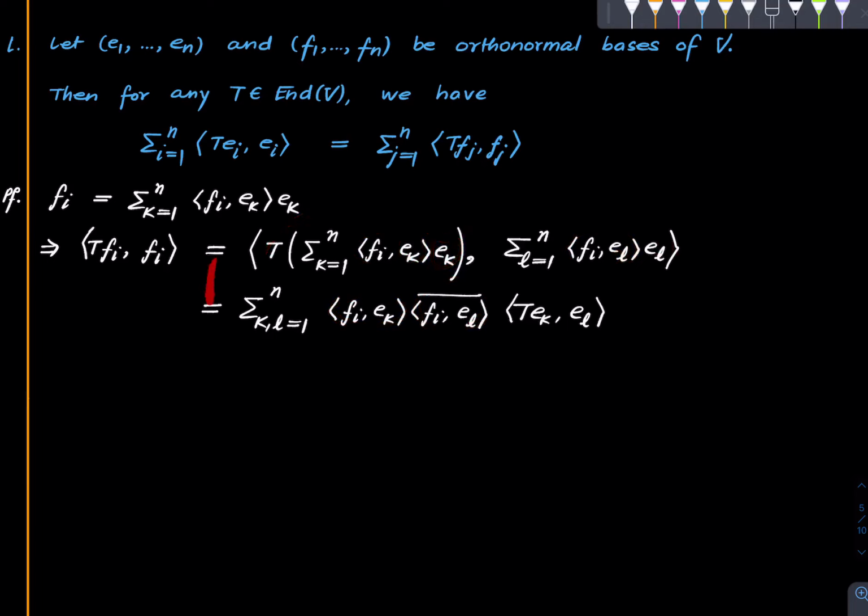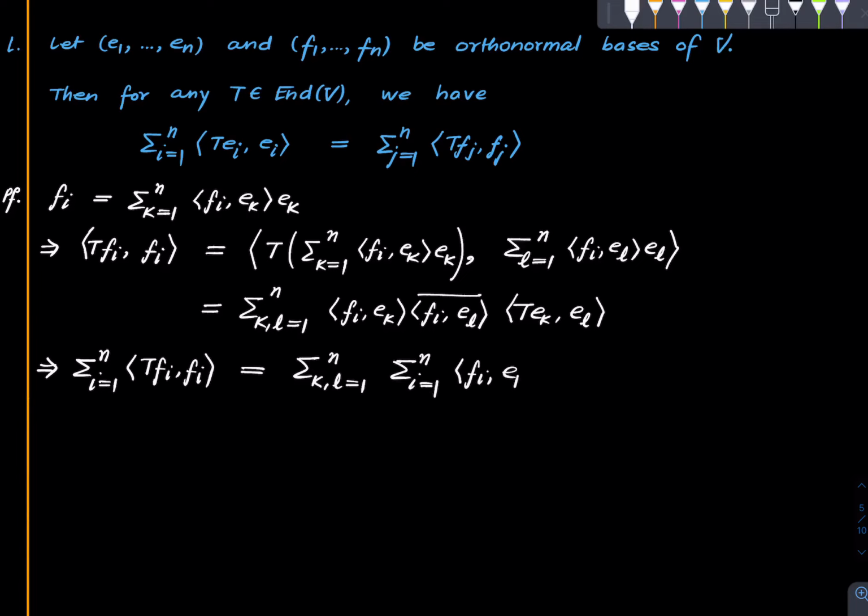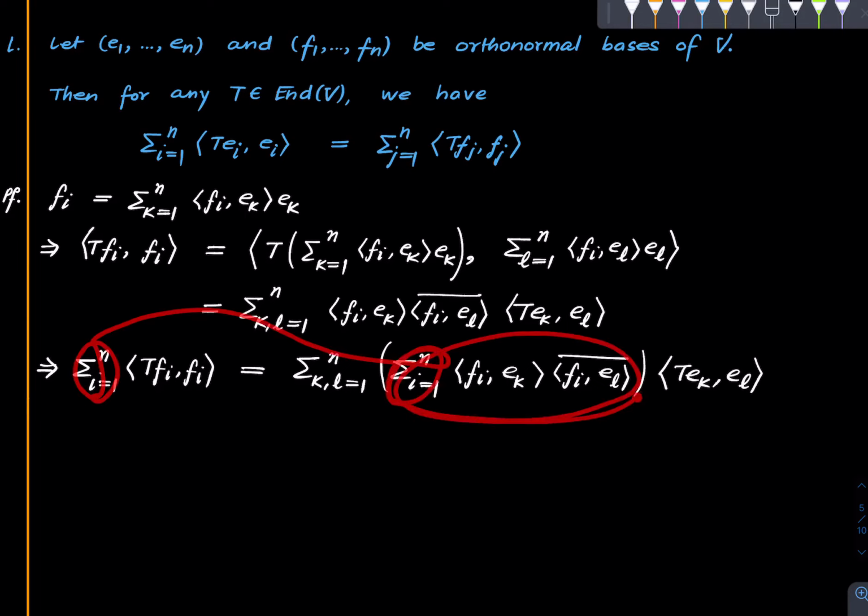So just make sure you agree with this, and now we get the summation that we are interested in. This is equal to that. So we just pushed this summation inside and we get that.